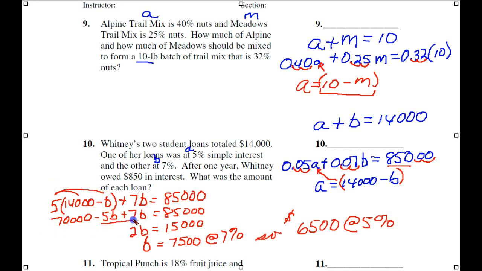I group my like terms. I'm subtracting 70,000, or transposing, and I end up with 15,000. Divide both sides by 2. I get B equals 7,500. And remember, B is at the 7%. So I subtract that from 14,000, and I get 6,500 at 5%.